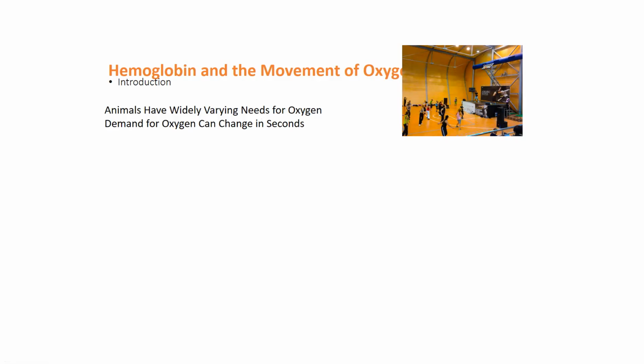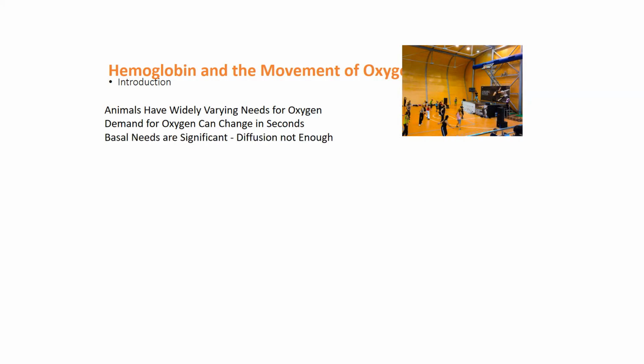So hemoglobin is very important because the rate of oxygen diffusion is too slow for oxygen to arrive to my tissue. Tissue needs oxygen in large amounts due to its constant use of oxidative phosphorylation and aerobic respiration.